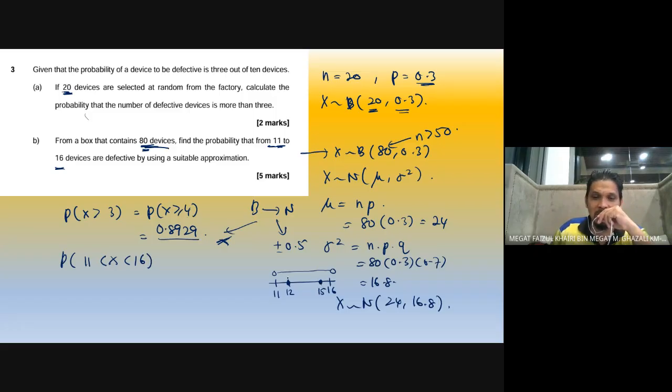So we come up with plus or minus 0.5 here and 0.5 here.